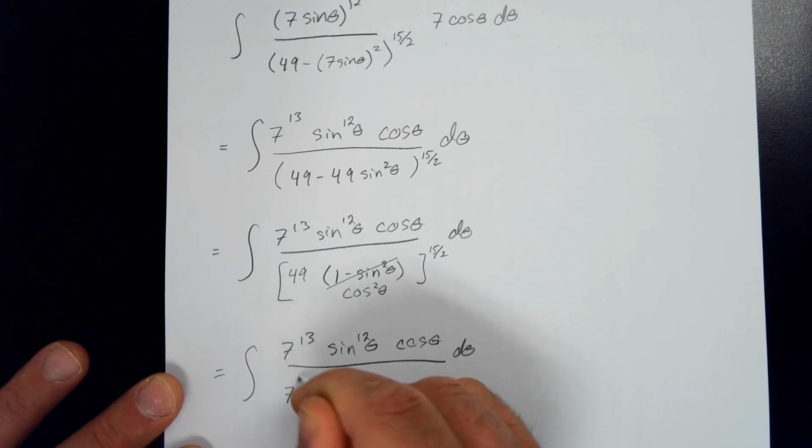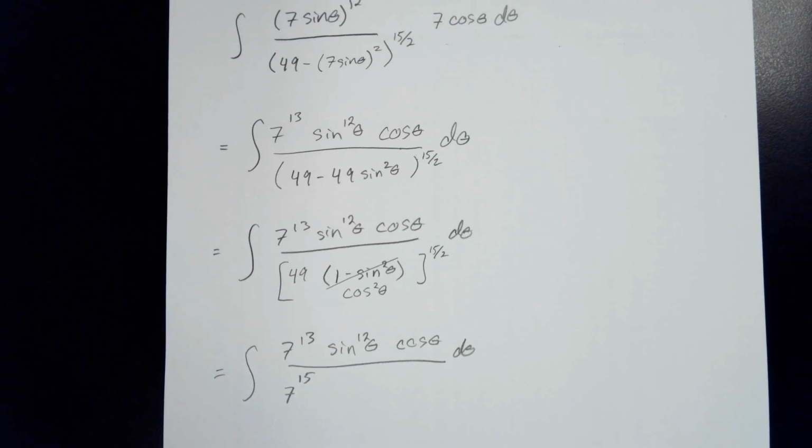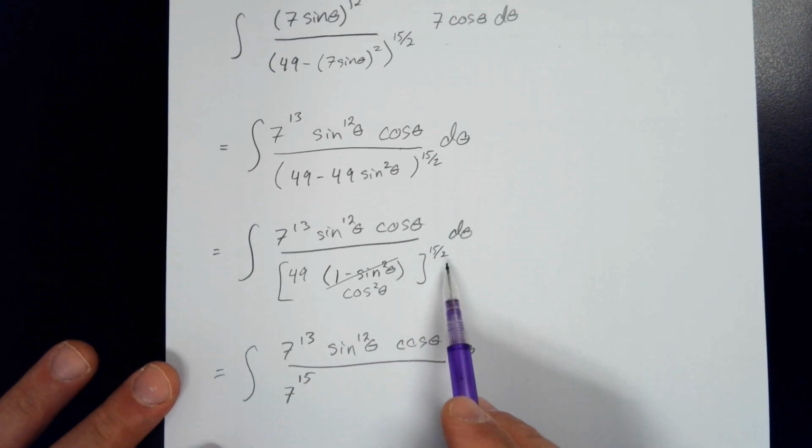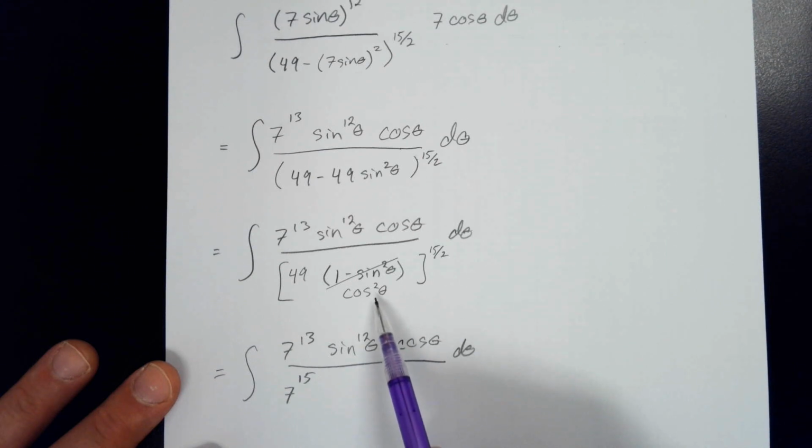So that's the same as 7 to the 15. You can see lots of nice stuff's going to cancel out with those 7s. Cosine squared theta to the 1/2 power would just be cosine theta. And then what do I have left? Well, I've got this cosine theta to the 15th power.